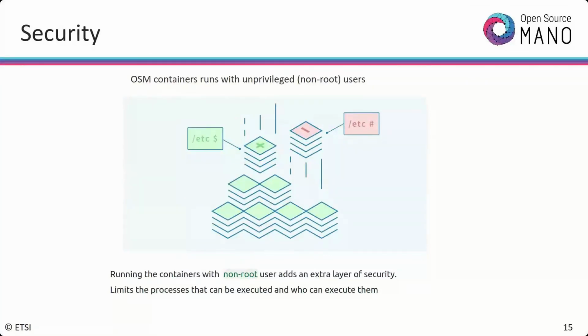So I guess there's two parts to that privilege escalation. Within the container, this prevents privilege escalation from inside the container. So let's say, for example, the web UI.